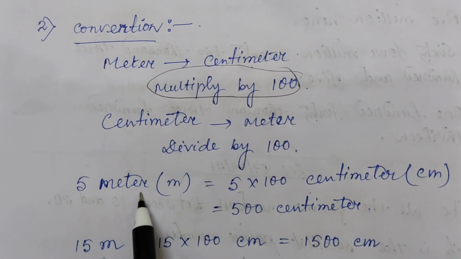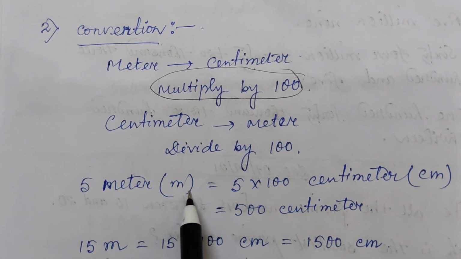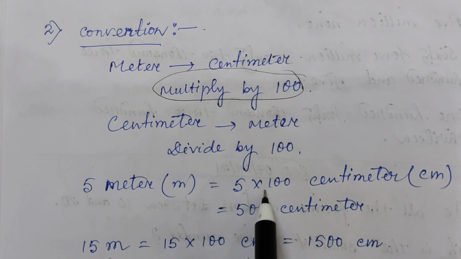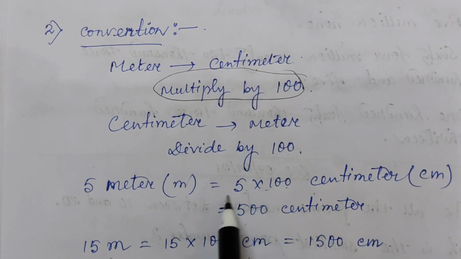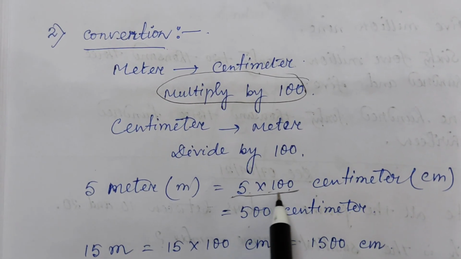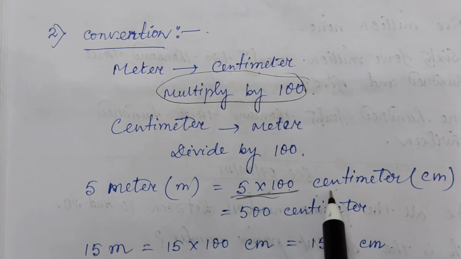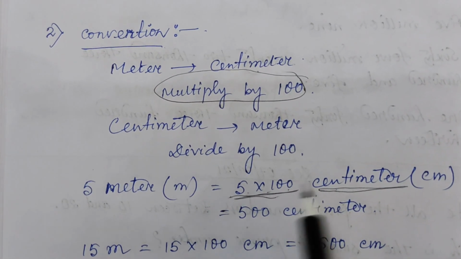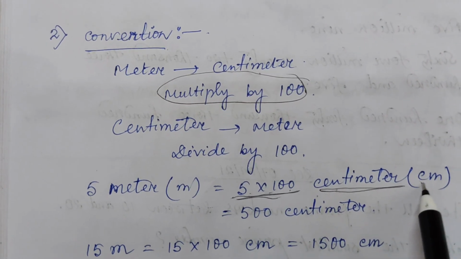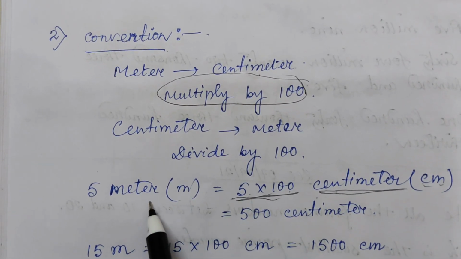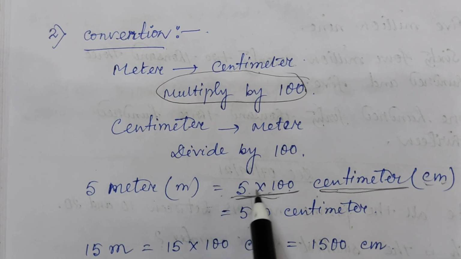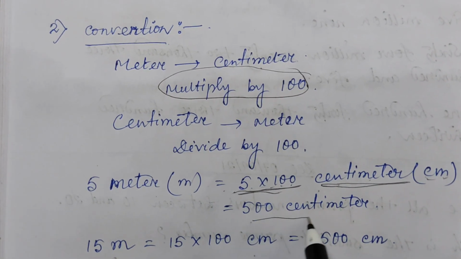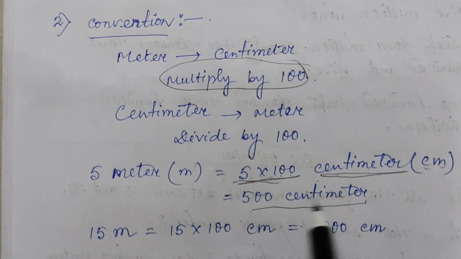5 meter, meter is denoted by small m, equals, you can see, 5 into 100. When you are multiplying by 100, the number is converted to centimeter, which is denoted by cm. So 5 meter is equal to 5 into 100 centimeter, that is 500 centimeter.